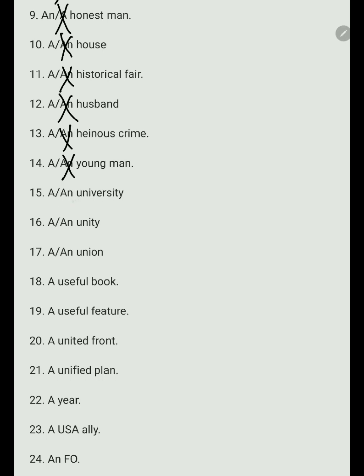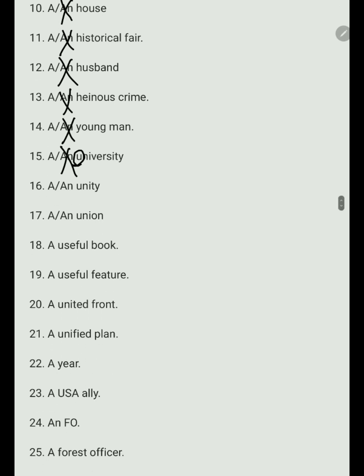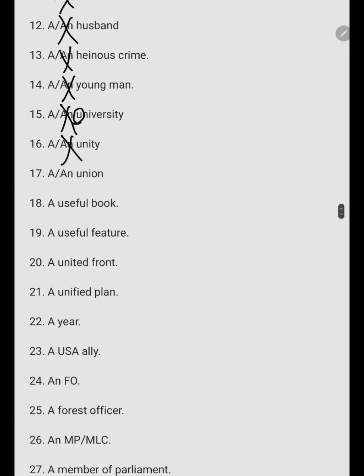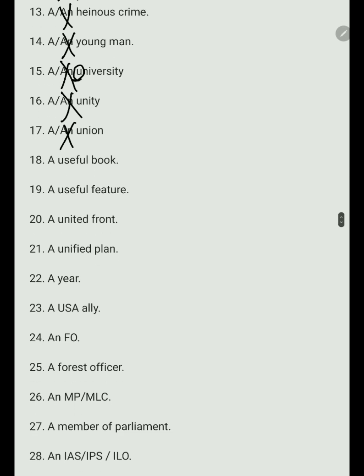Now look here. This is a little tricky because U is a vowel. But the sound here is yoo, university. It is not a vowel sound.